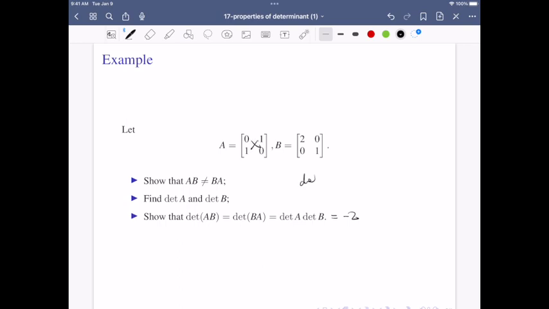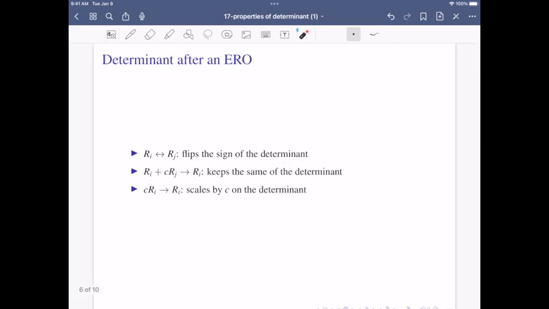So determinant A is going to be 0 times 0 minus 1 times 1, which is negative 1. Determinant B will be 2 times 1 minus 0 times 0. So this is 2. So if the question is to find determinant of AB, then instead of first doing the product AB, you can directly multiply determinant A and determinant B, which gives negative 2.